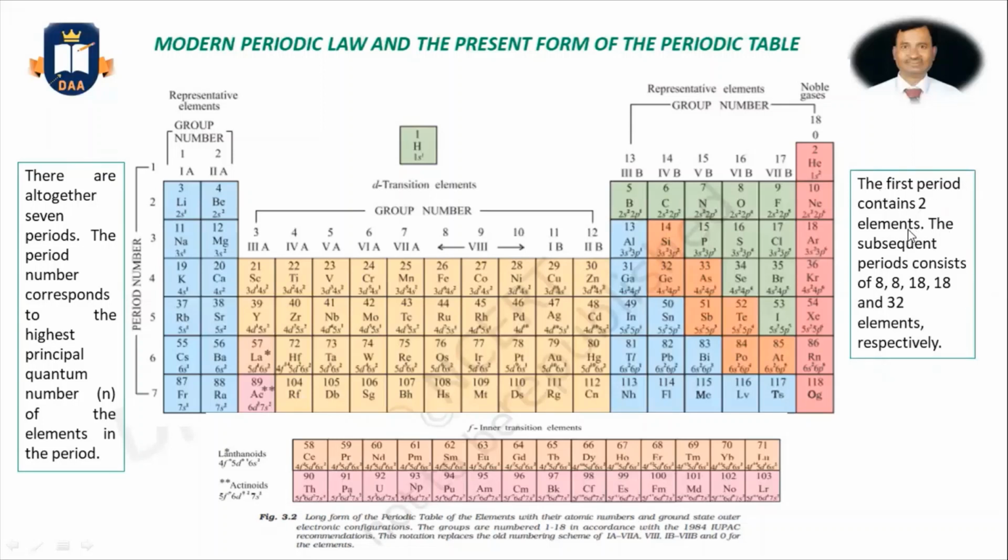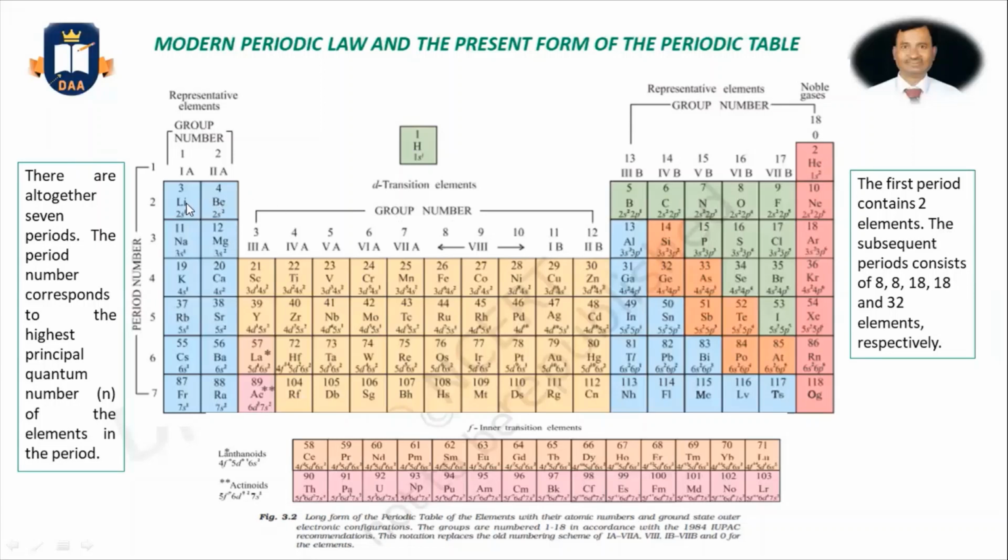So the first period contains 2 elements. You see that the first period contains only 2 elements, hydrogen and helium. Why hydrogen is placed in the middle, I'll discuss in the next class. Right now, you know that in the first period there are 2 elements, hydrogen and helium.